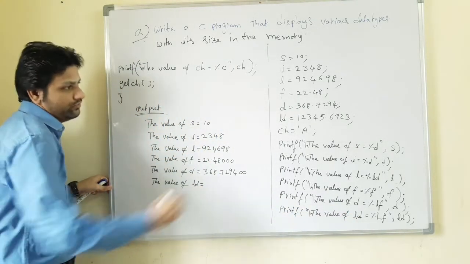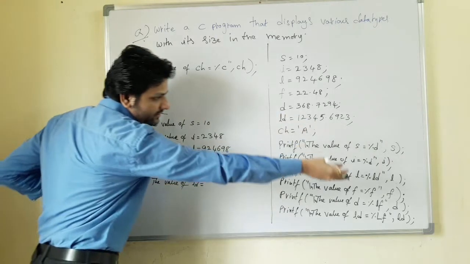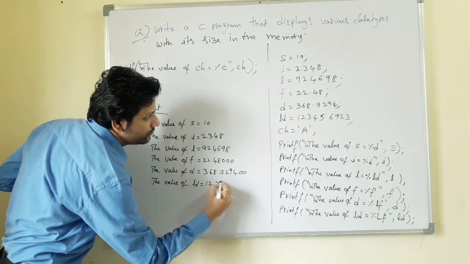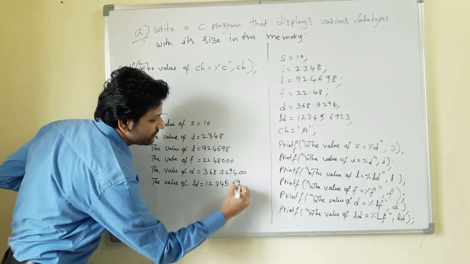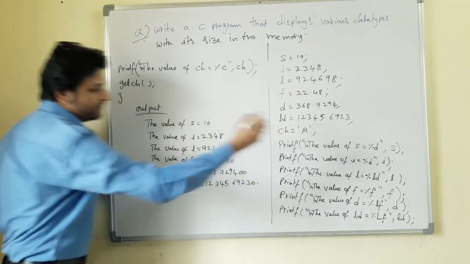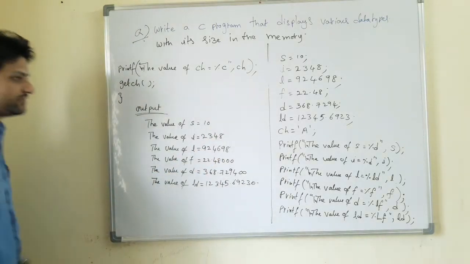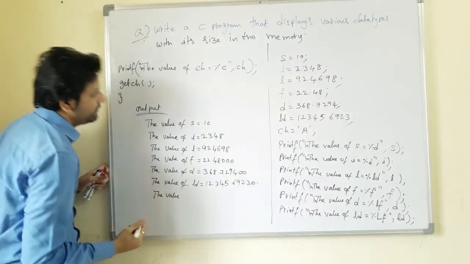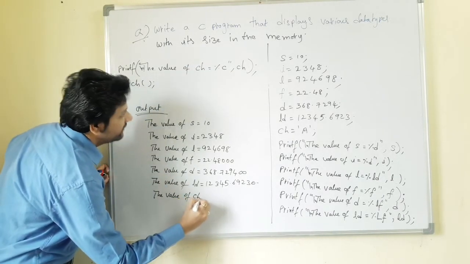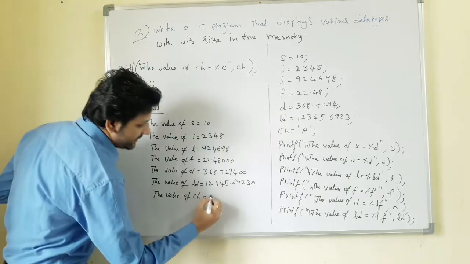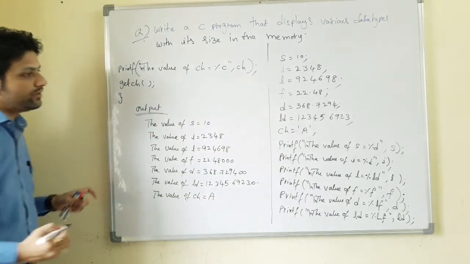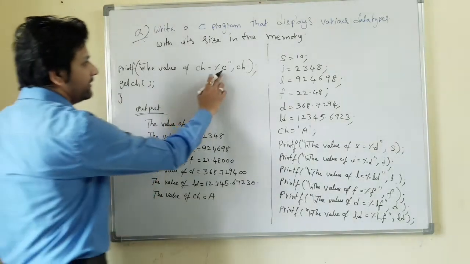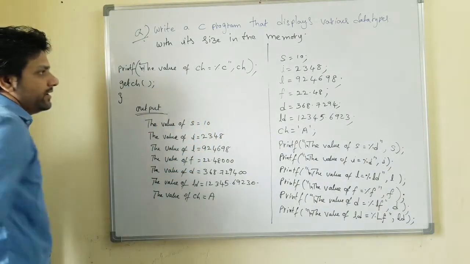LD equals, what is the value there in the memory? This particular value, 12345.6923 like this. Okay. So next, the value of the last statement, the value of ch equals the character. What is the character we stored? A is going to be displayed here. Okay, A is going to be displayed here.